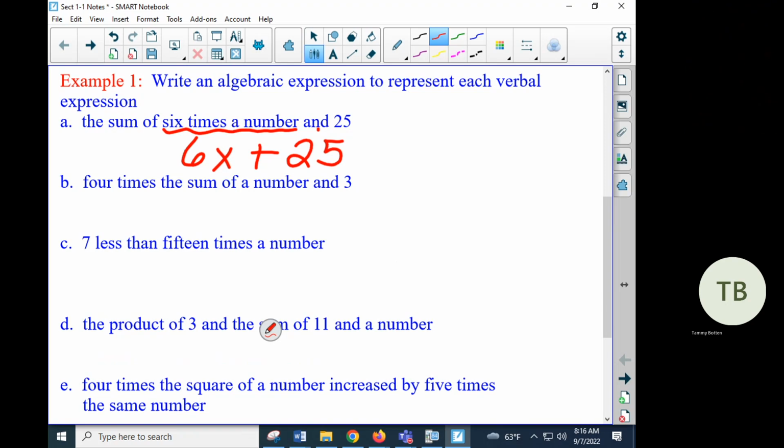Then it says 4 times the sum of a number and 3. Again, you have to break this up into parts. So it's 4 times this. We have to write the sum of a number and 3. Sum means add, so we could write this as x plus 3.